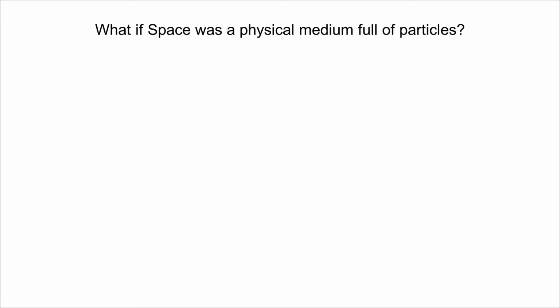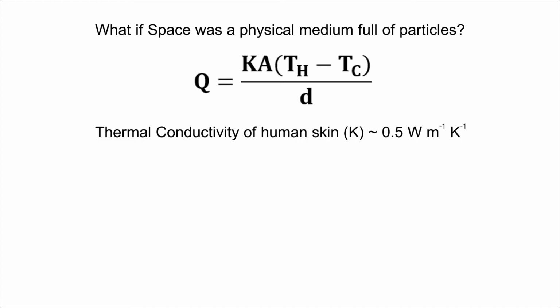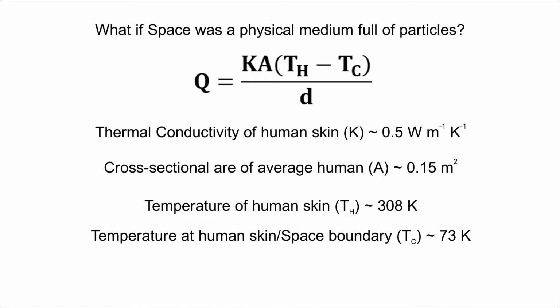However, let's imagine space as a medium full of particles, such as water. We can therefore use the conductive power loss relation to see how much energy per second we would lose if we found ourselves naked in space with particles at a very low temperature, let's say about 73 Kelvin.